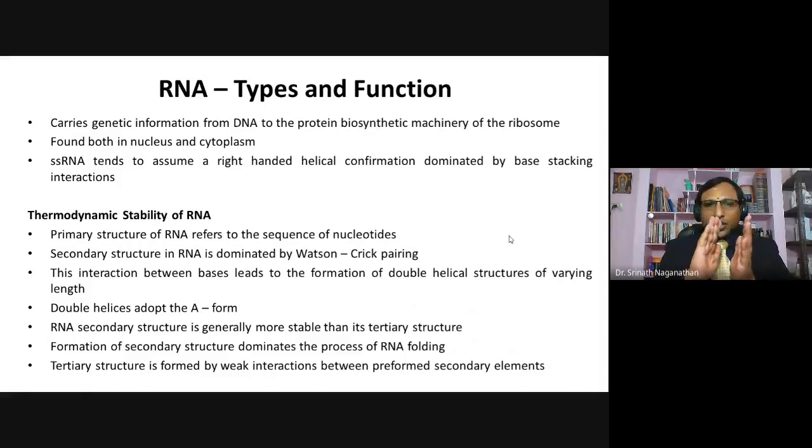So they join together to form a double helical structure. The double helix adopts the A form, and the RNA secondary structure is generally more stable than its tertiary structure. The formation of the secondary structure dominates the process of RNA folding, and the tertiary structure is formed by weak interaction between preformed secondary elements.